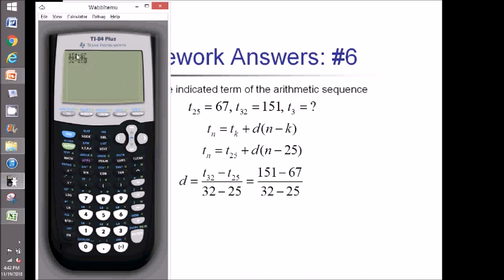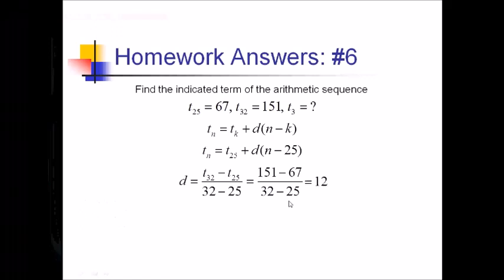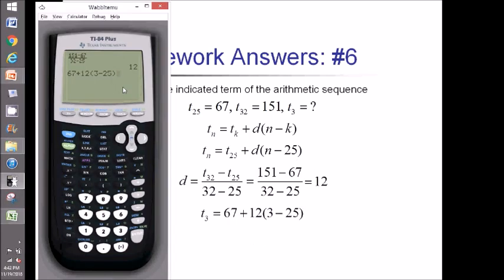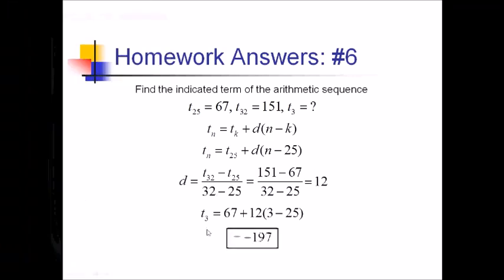I used my alpha y equals to get a nice little fraction format, so I don't even have to worry about parentheses. So 12 is what this all comes out to. Plug stuff in now. I've got T3 equals 67 plus 12 that we just found times 3 minus 25. I'm going to the calculator again for this one. Crunching those numbers, we end up with negative 197. So there we have it.